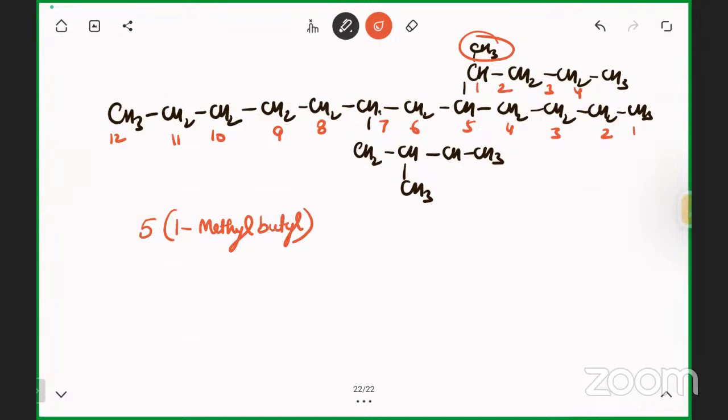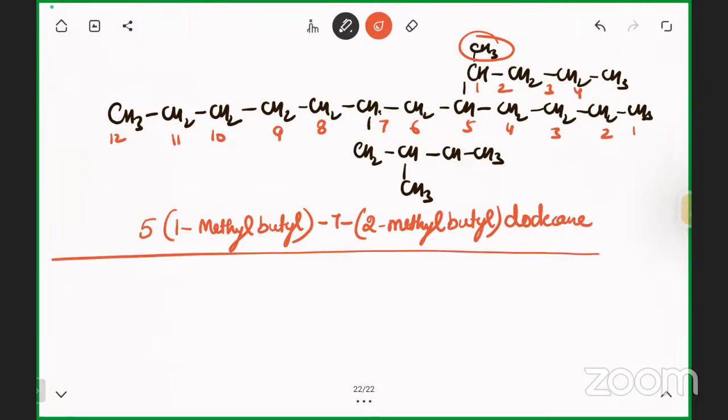Okay. Then the rest. Then dash, 7, 7. Then dash, 2-methyl, 2 methyl. Very good. Butyl. Bracket close. And the 12th one, what do we say for 12? Dodec. And all single bond? Dodecane. So this was the name. Very good.